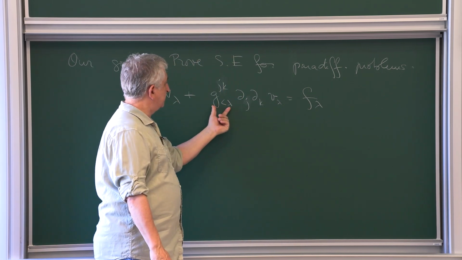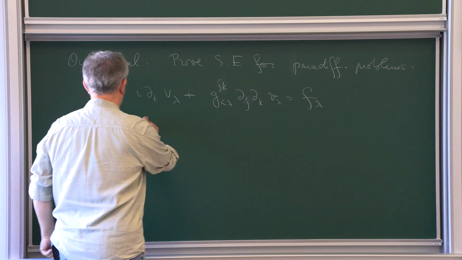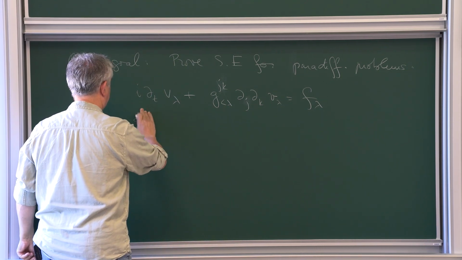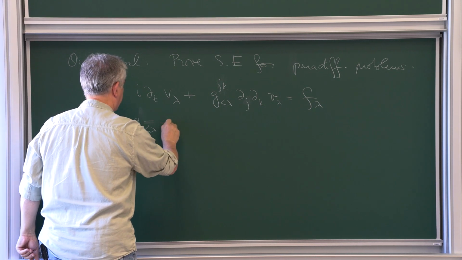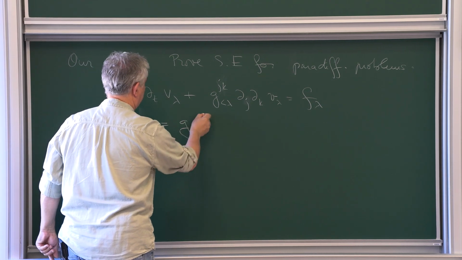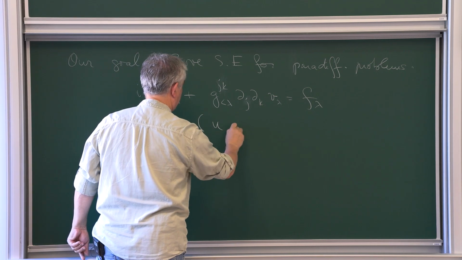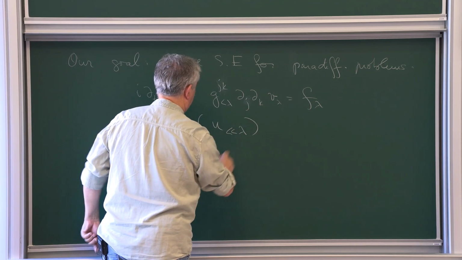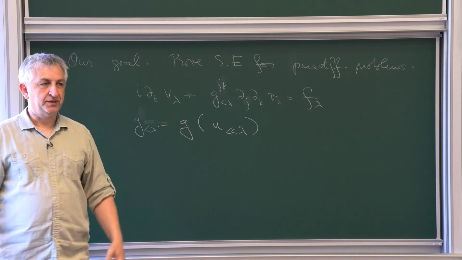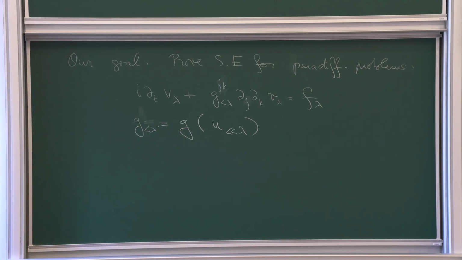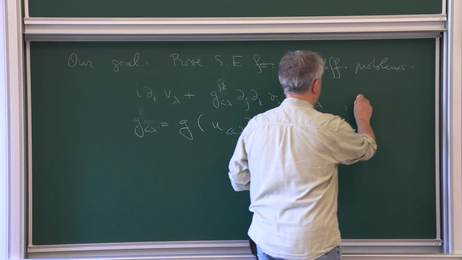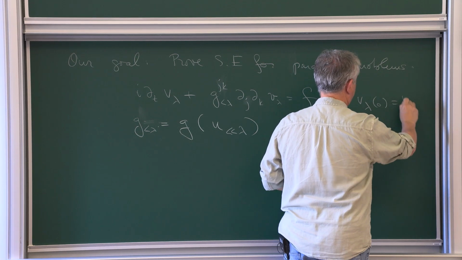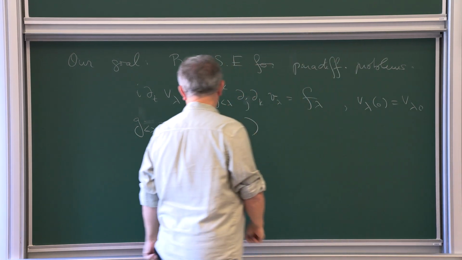The coefficients are localized at lower frequency, and in the context that we were talking about earlier, our g less than lambda is really a function of u, maybe much smaller than lambda, where u is the solution to our nonlinear Schrödinger equation. So this is part of that big bootstrap loop that we were talking about. And so we want to look at the question of whether we have Strichartz estimates for this problem, maybe with v_lambda(0) also equal to v_lambda,0.